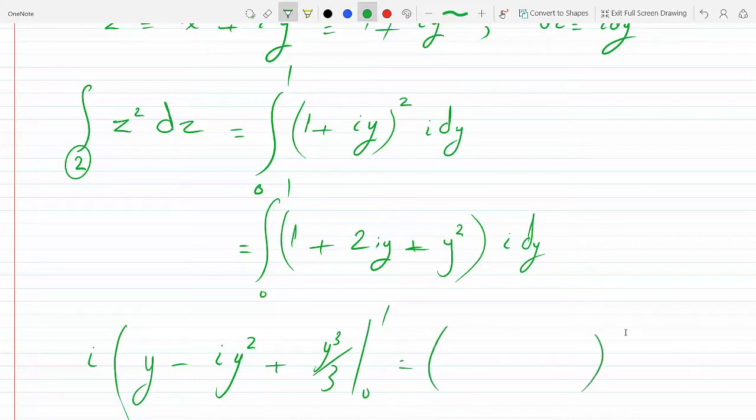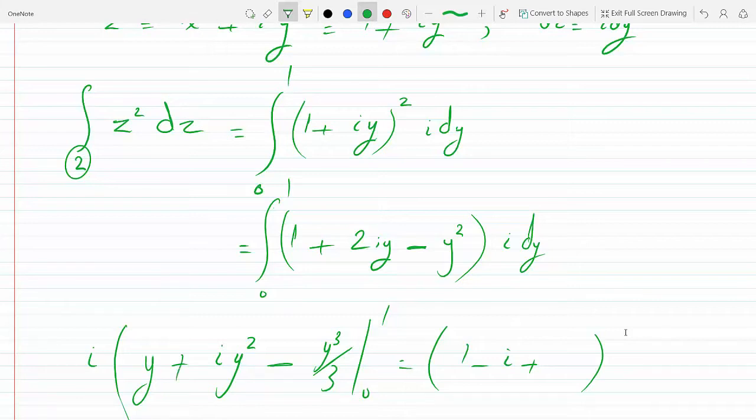So plug in the 1, you get 1 minus i plus 1/3. Oh wait, this is minus y squared because i squared is minus 1. So this is minus here. This is plus, yeah.